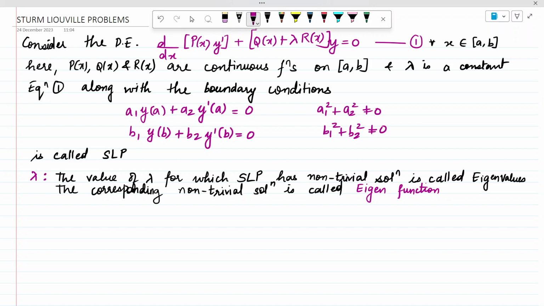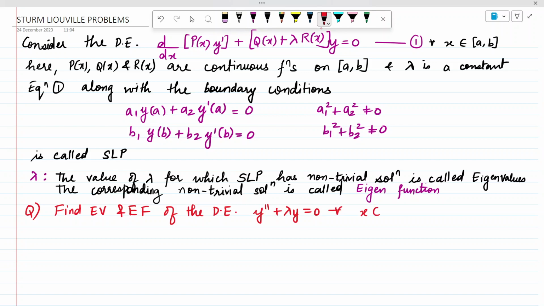Okay. So what kind of questions can come in this, what are we expected to do, and what are we trying to understand with the help of an example. The question says: find the eigenvalues and eigenfunctions. I'm using short forms of the differential equation: y double dash plus lambda y equal to 0 for all x in the interval 0 to L, and the boundary condition given to us is y of 0 equal to y dash of L equal to 0, for L greater than 0.